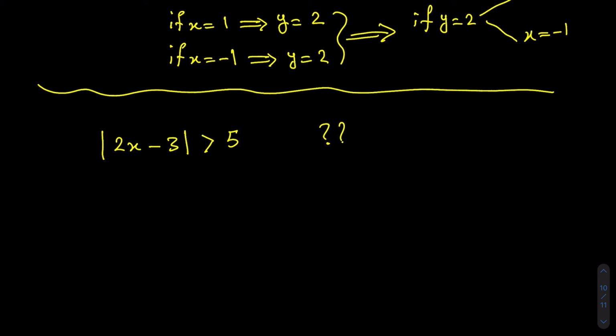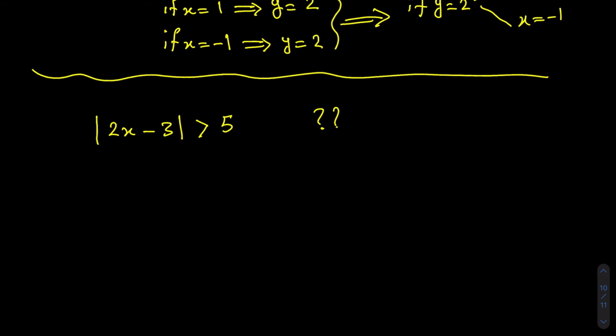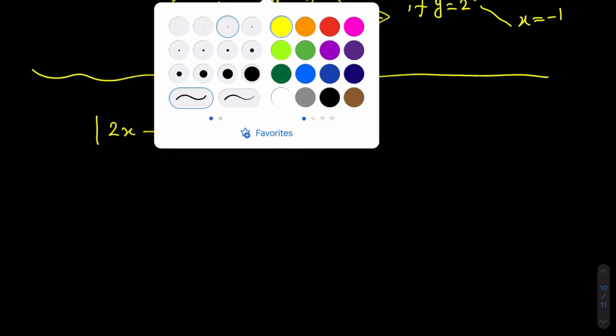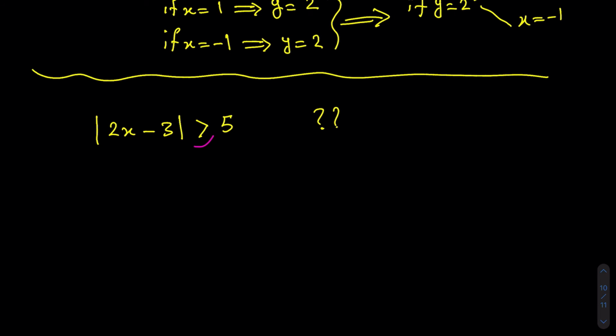The simplest way is, first of all, step number 1, we change the sign of inequality to equality. And why do we do so? Because we want to find the critical values.